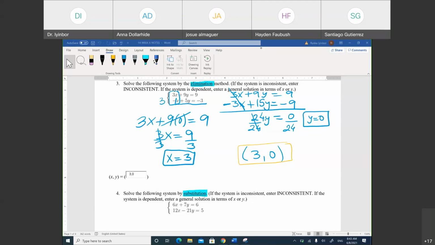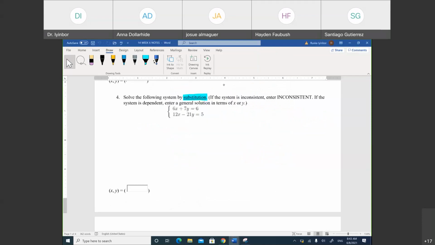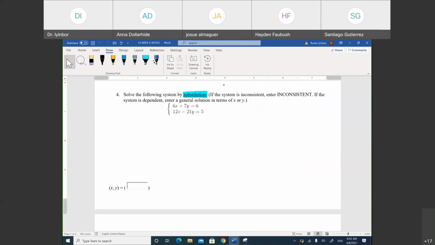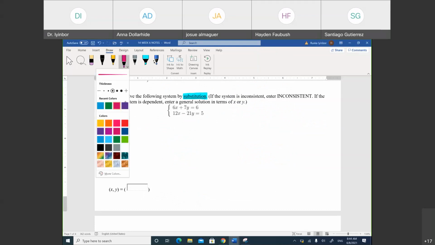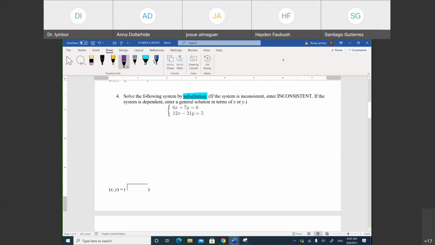So here's the second method. Substitution. So how you solve a system of equations by substitution? So this is what you're going to do. We're going to solve one of the equations for x or y, and you're going to substitute. You're going to plug it into the other equation.